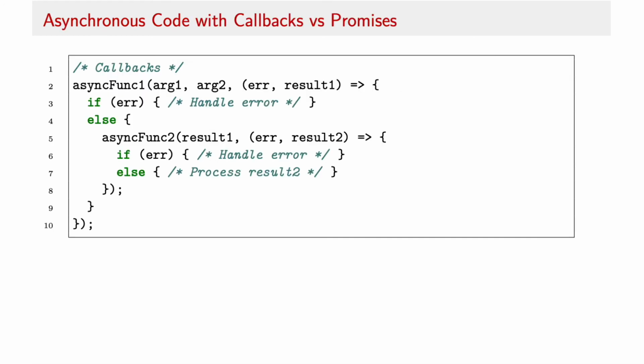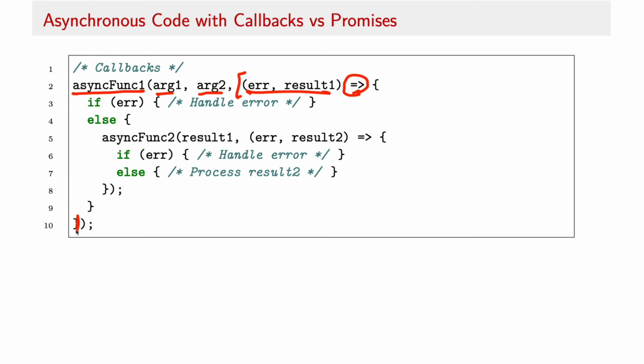This is a simple, generic function that illustrates the use of callbacks as we've been doing it so far. The top level function is called async func1, and it takes some arguments, and its final argument here is a callback function. You can tell it's a function because of the fat arrow. Here are the arguments to the function, and then the function body extends down to here.